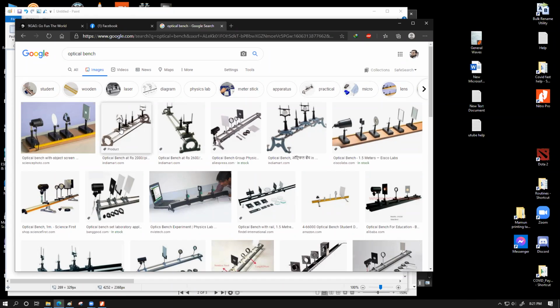Arranging the apparatus with an optical bench can be a bit easier because we have a lot of stands built into this setup, compared to a flat table surface. But if you want to do this on a flat table surface, why not? Make sense?